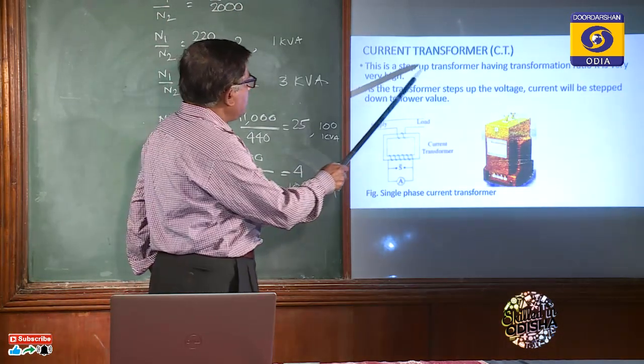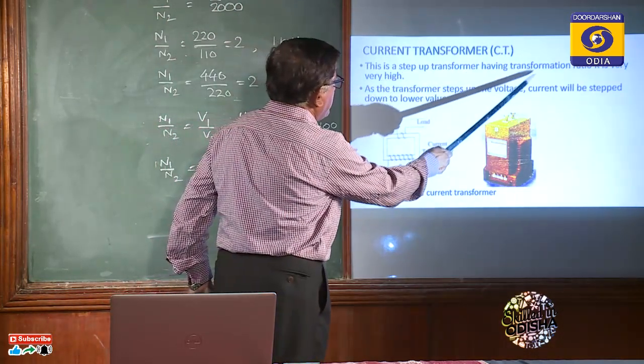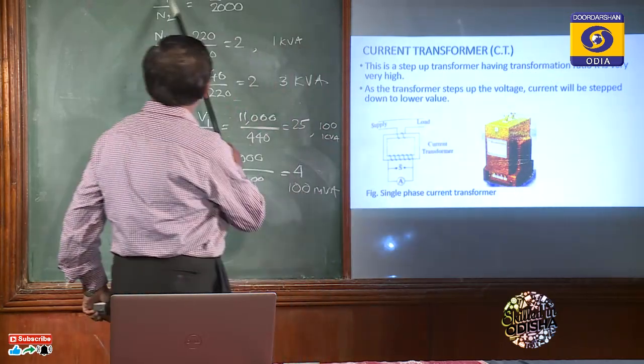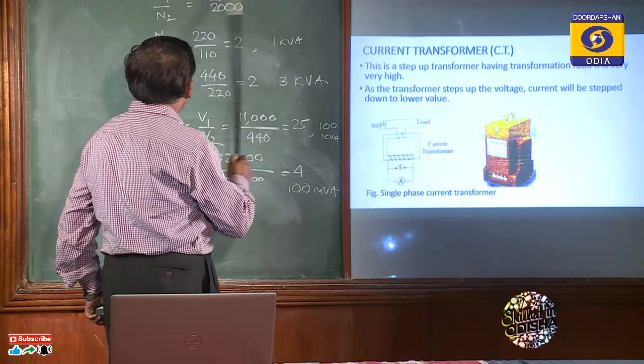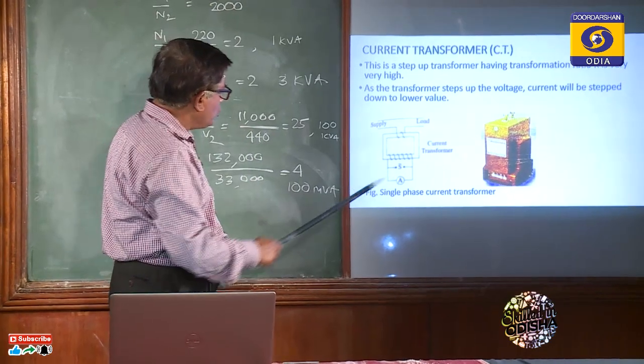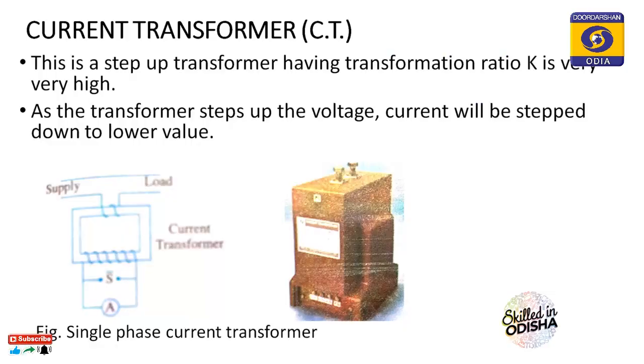So this is a step-up transformer having transformer ratio K very, very high. If you take N2 by N1, then the transformation ratio is 2000 by 1. I have taken N1 by N2, so 1 by 2000. So this is your prototype, used in the laboratory. This is your primary side of the CT and this is the secondary side of the CT.